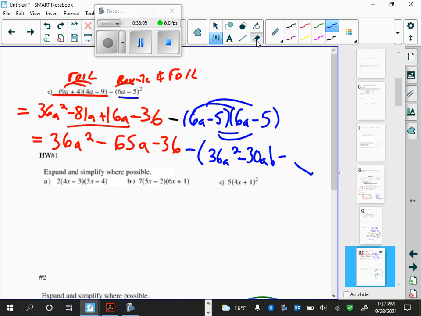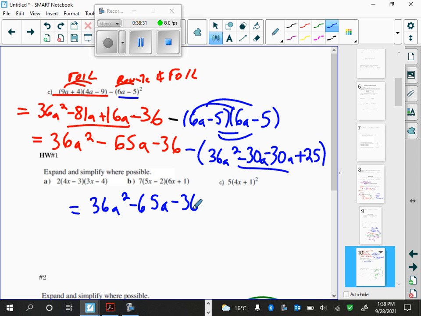I'm thinking of yesterday. Subtract 38, plus 25. Now I'm going to collect those like terms. That's how I roll. And write down 36a squared, subtract 65a, subtract 36, subtract bracket 36a squared, subtract 60a plus 25.